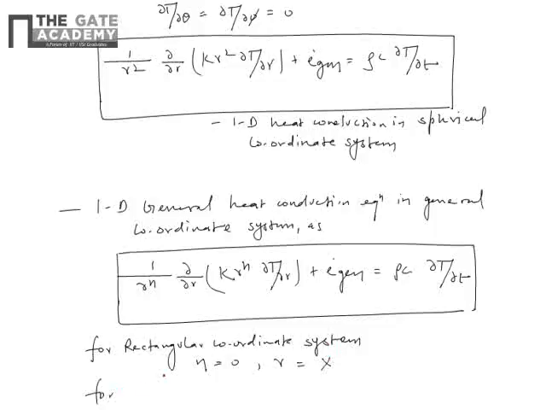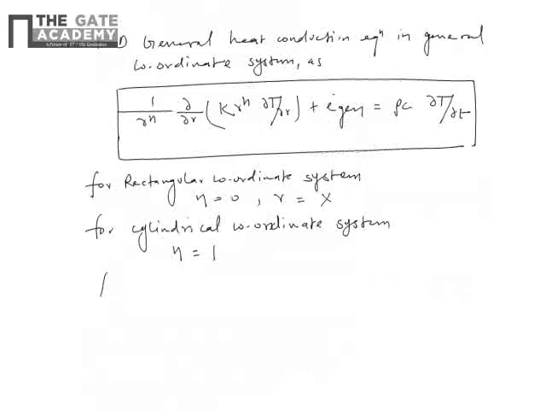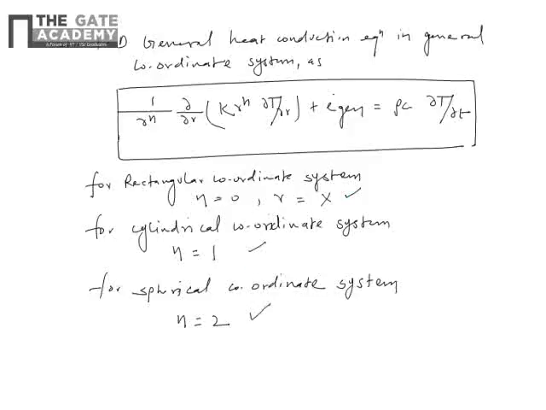For cylindrical coordinate system, n is equal to 1, and for a spherical coordinate system, n is equal to 2. So if you remember these three conditions, you need not remember all three 1D heat conduction equations. You can derive them from here.